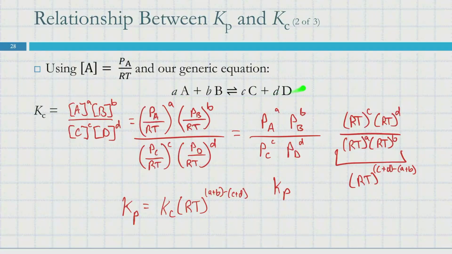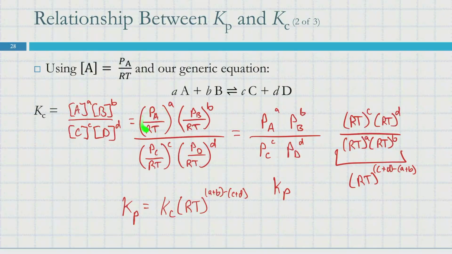So we write out our generic equation for that, concentration of A raised to the subscript of A. Then we swap in concentrations, P with the subscript for whatever the thing is, over RT. So substitute all those in. We've got this real big mess of equations.